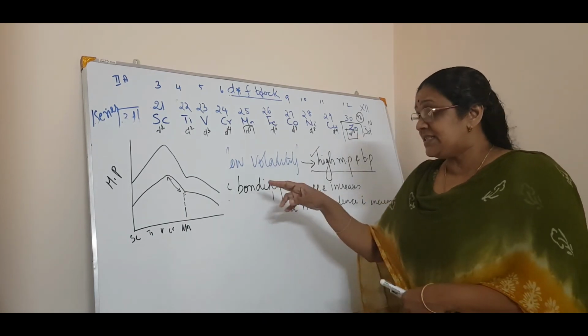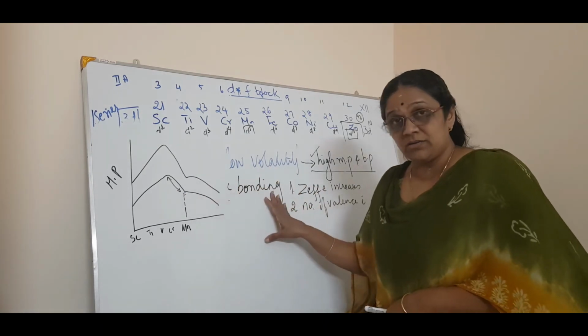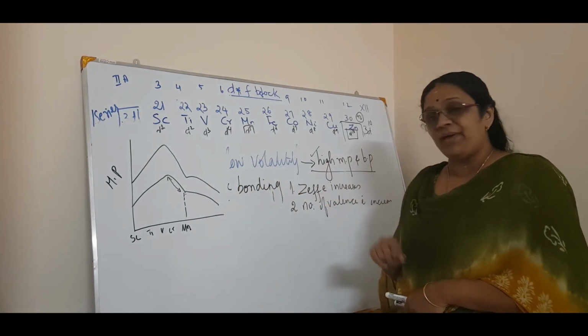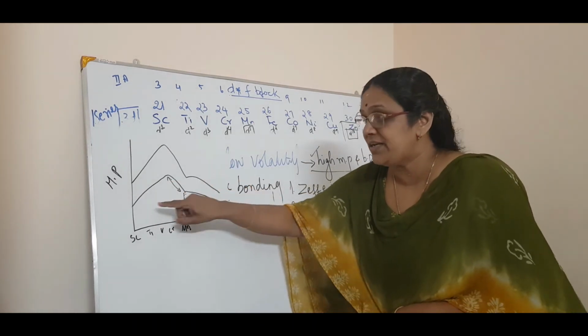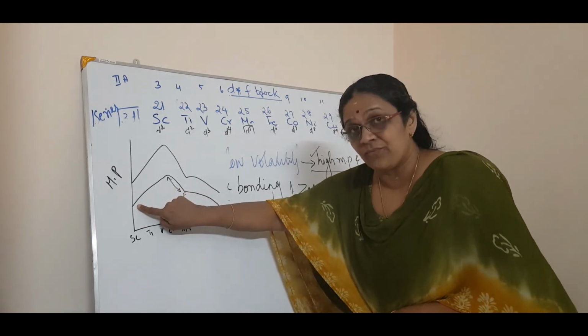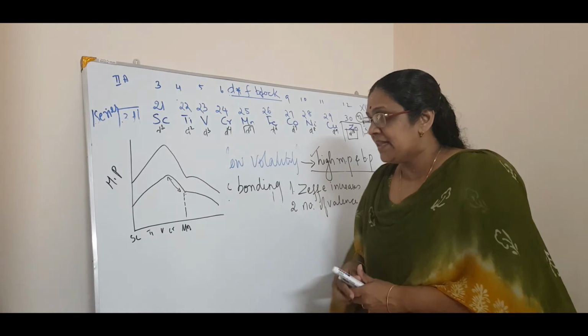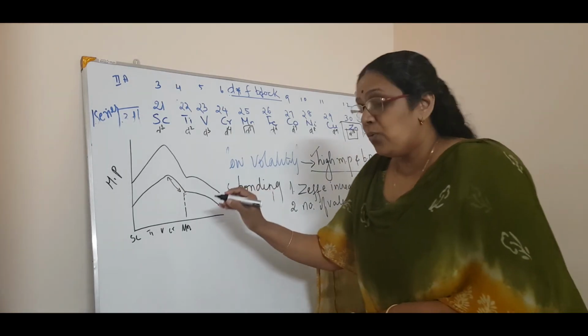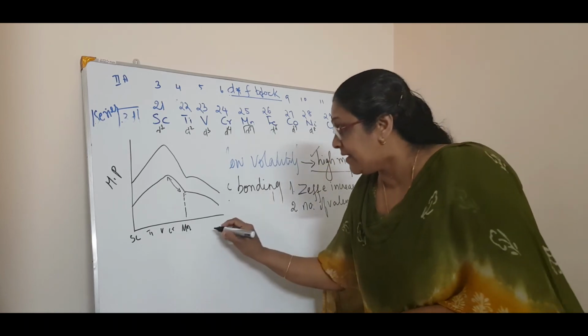Since the metallic bonding is very strong, you can say high MP and BP. That is why it goes on increasing. Another point is that it increases because the number of unpaired electrons increases. Listen very carefully. Why did I say the number of unpaired d electrons increases?